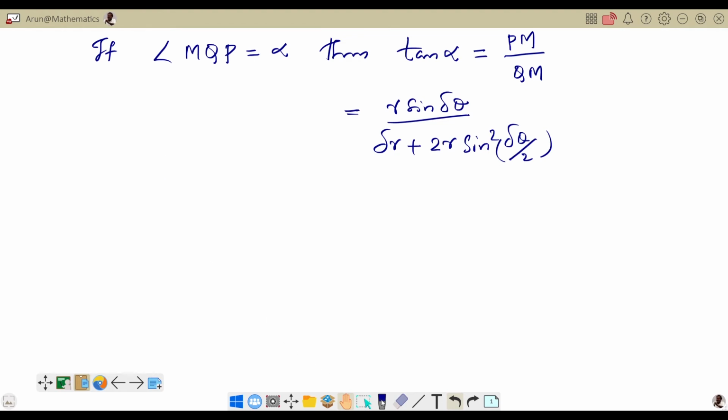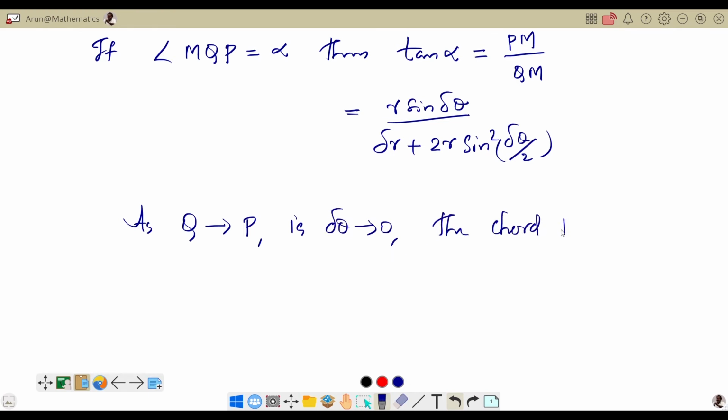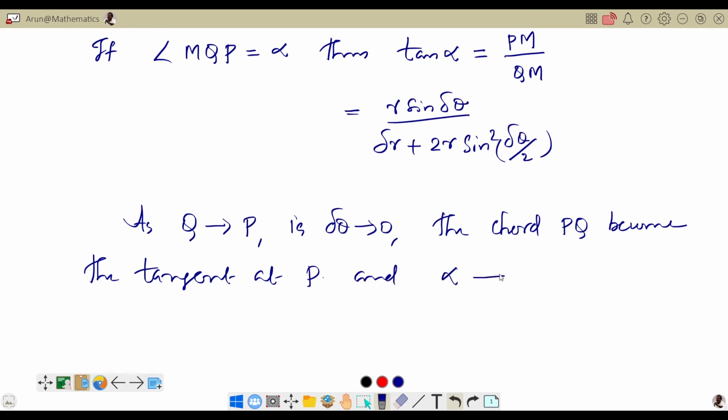As Q tends to P, that is delta theta tends to 0, the chord PQ becomes the tangent at P. In that case, we can see that alpha is tending to phi, the angle between the radius vector and the tangent.